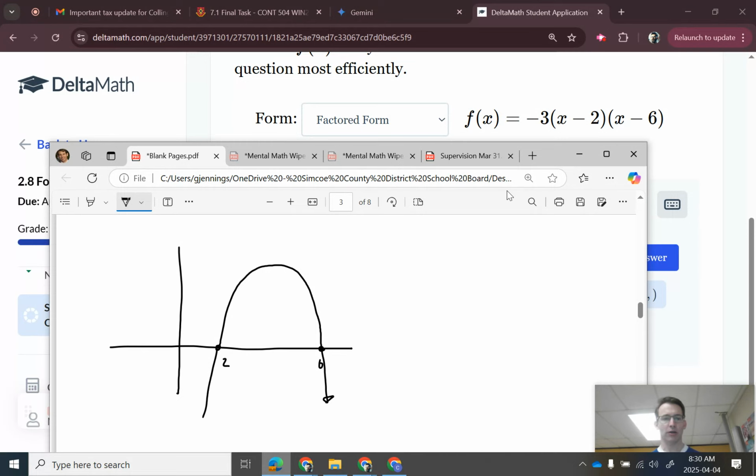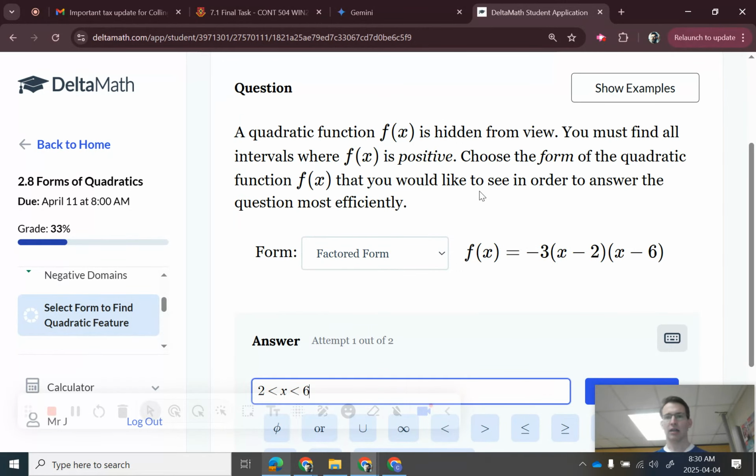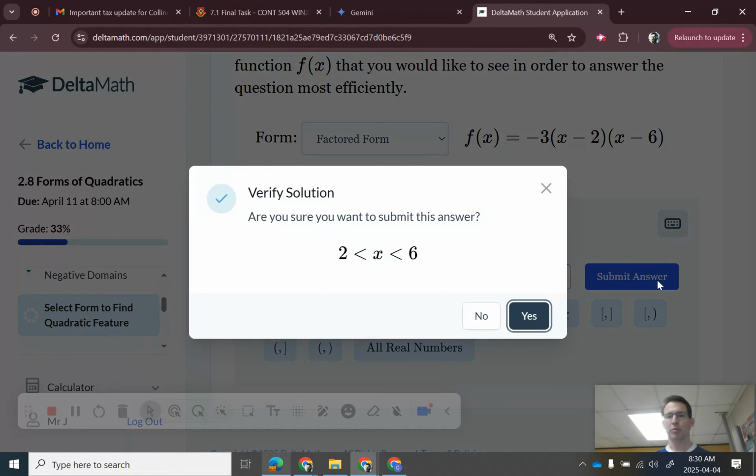So I know that x is all these values that are between 2 and 6. That's when the function is positive. So first I need to be strategic and think, what type of information do I want from my algebra? And then choose that form. So I have 2 < x < 6. Those will be the places where this is positive.